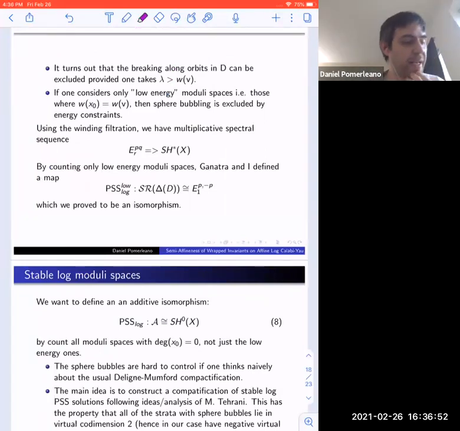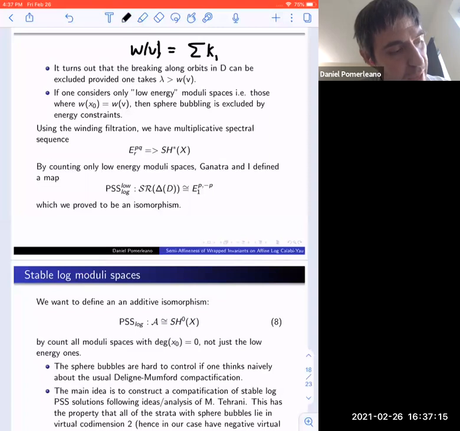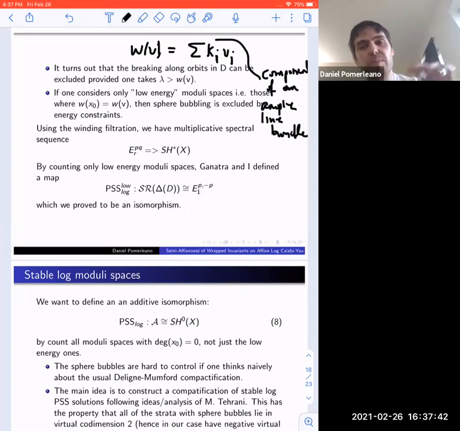The one thing I will say is that things are a lot better behaved if you only consider those PSS solutions with very small energy. Here W of v is defined to be the sum of kappa_i v_i, where the kappa_i are the components of an ample line bundle on D, some ample line bundle supported entirely on D, which exists because X is affine.